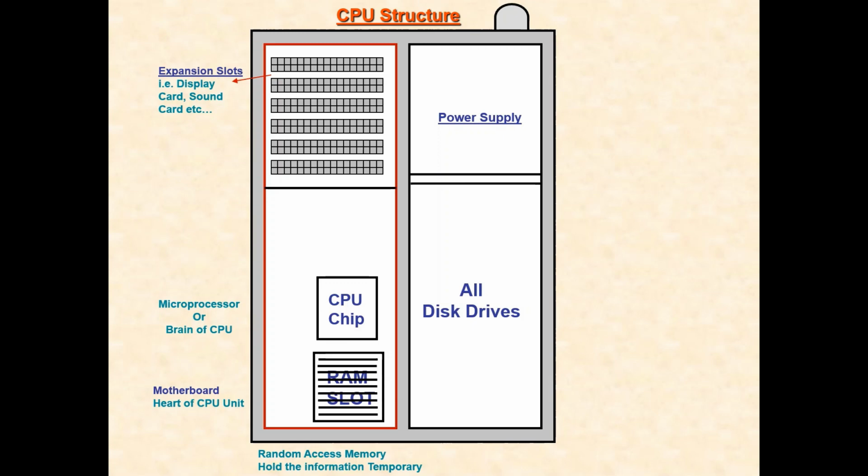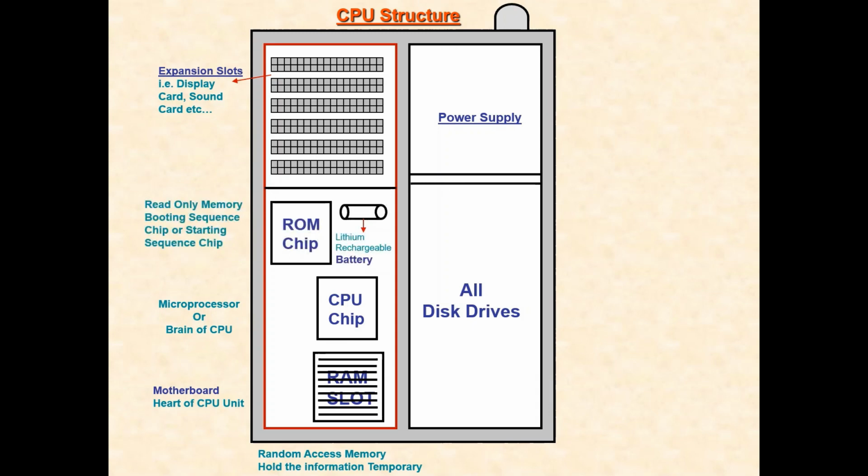Apart from this, there is also something known as a ROM chip and a lithium rechargeable battery fitted on the motherboard inside the CPU. It is a read-only memory which does the booting sequence, the starting sequence of the computer. As I said, nothing in a computer can be done on its own. So the computer, in order to start, needs an instruction, and to boot or start the computer, instructions are available on this ROM chip given by the manufacturer of the motherboard.